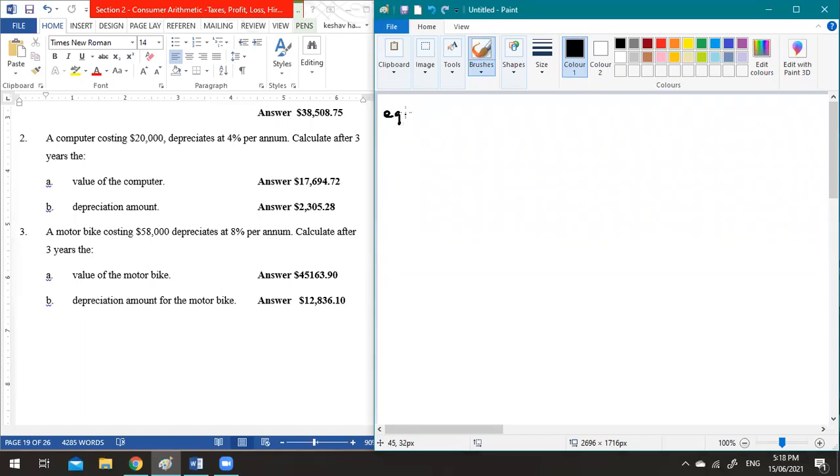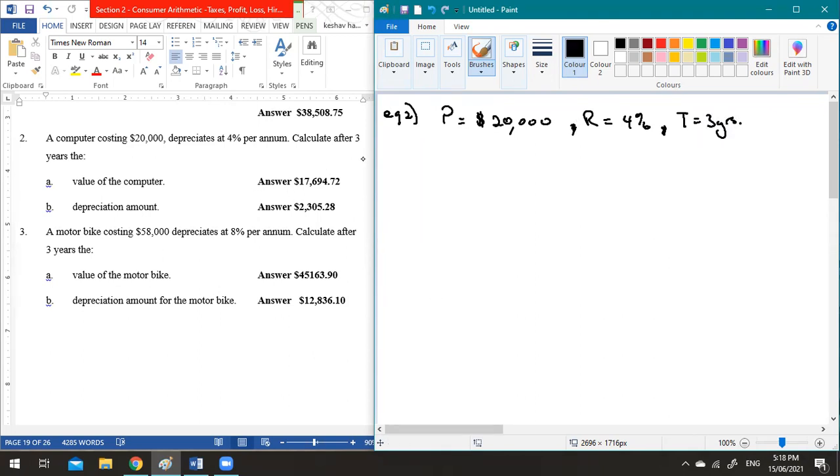Right, so example 2. A computer costing $20,000 depreciates 4% per annum. Calculate after 3 years the value of the computer. So again, the principal is 20,000. The rate of depreciation is 4%, and the time is 3 years.